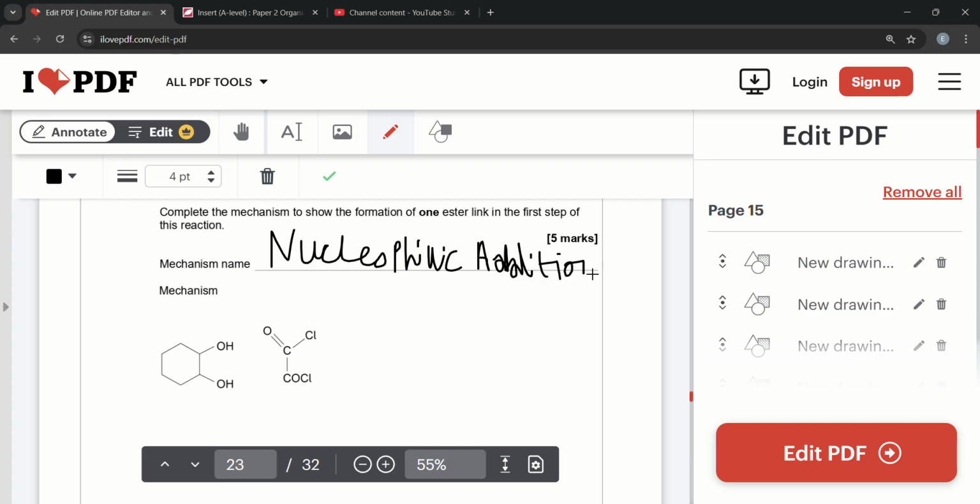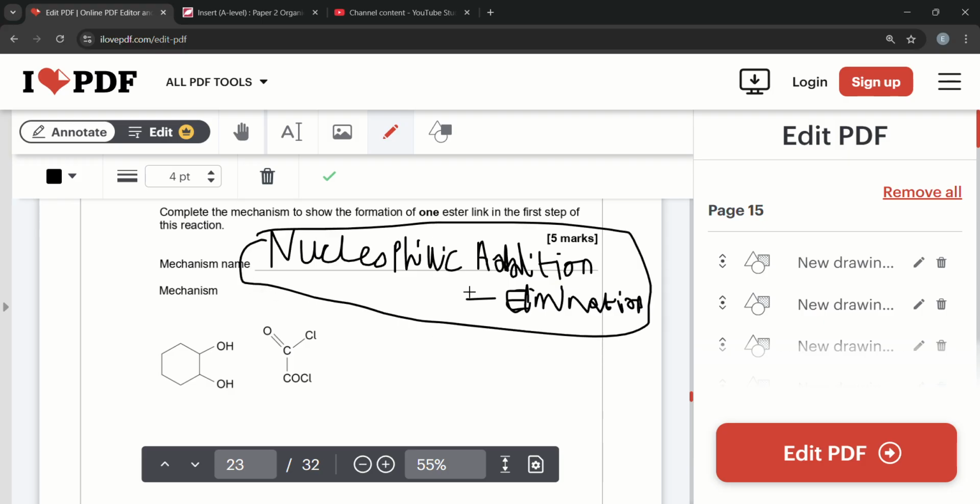That's not it. Addition, elimination. And that is probably going to take up that whole space, depending on how big your handwriting is.